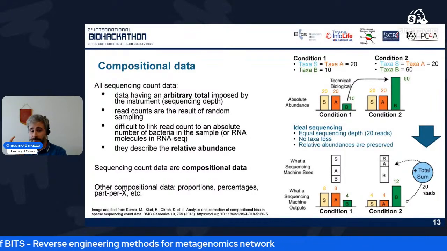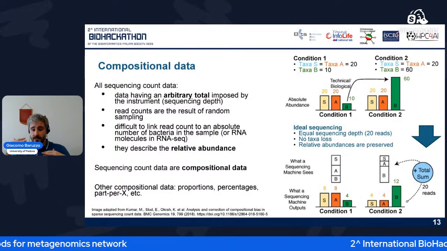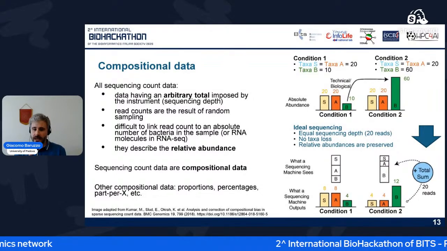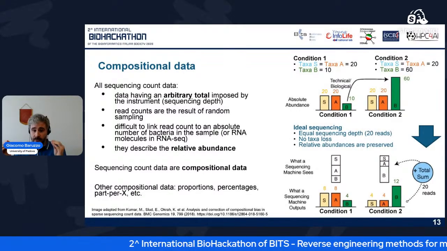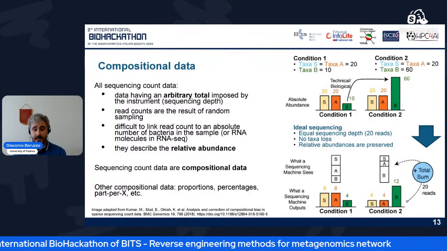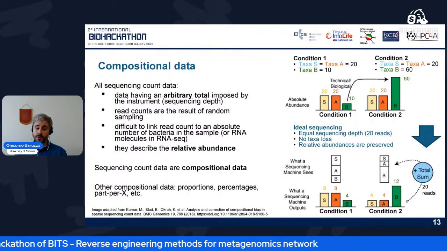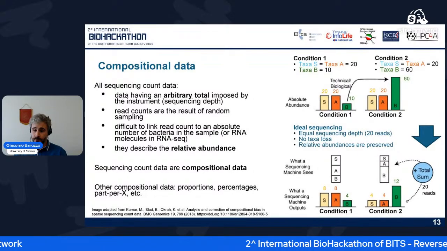As you can imagine, for us as bioinformaticians, it's quite interesting not only to see differences in relative abundances, but I would also like to know if a taxa A is differentially abundant in two conditions, so in absolute abundance, because maybe it's telling me very important information about that community. Again, this is, technically speaking, impossible with sequencing count data, because they are compositional.